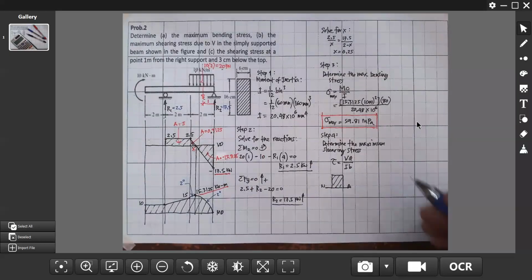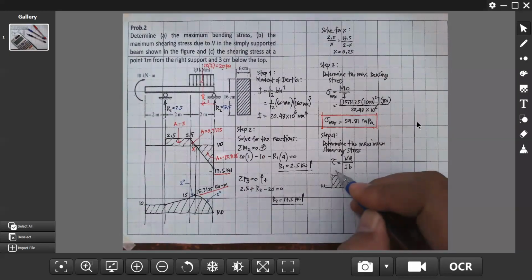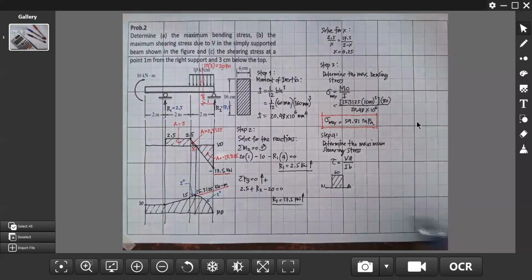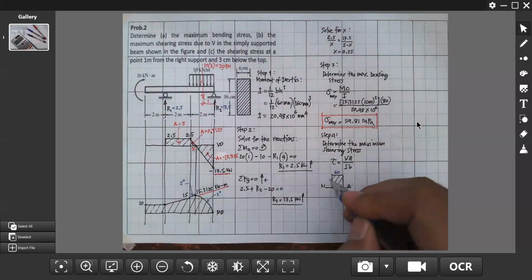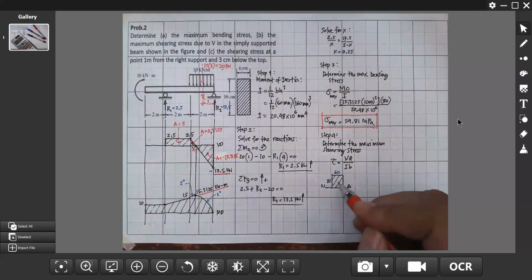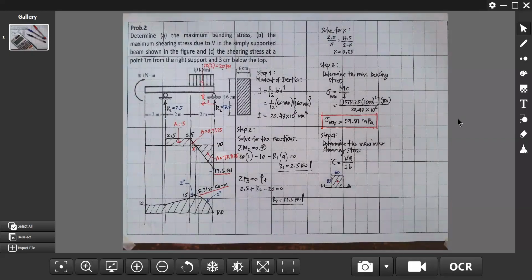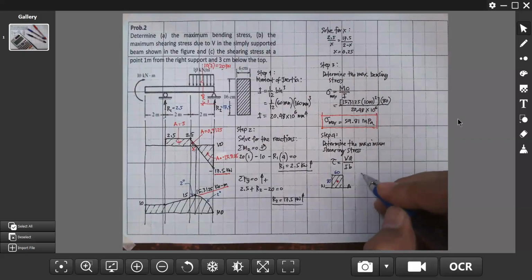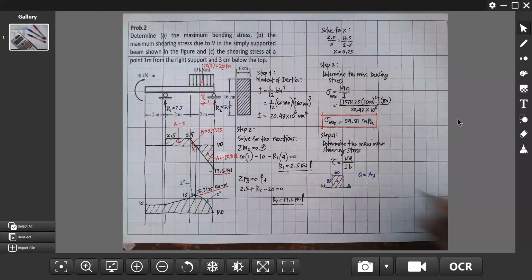The dimensions in millimeters are 60 and 1/2 of 160, which is 80. The centroid is at the center. To solve for Q, it is area times Y. The area is 60 times 80.